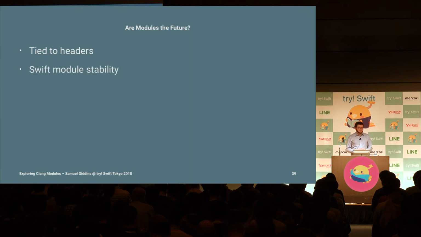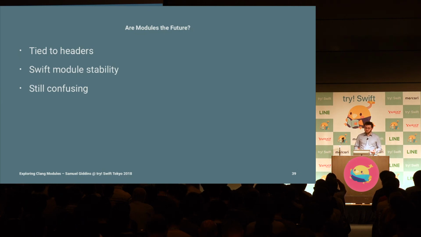Swift has also introduced its own binary module format, but it's not yet stable, meaning it needs to be rebuilt for each new version of the Swift compiler. And even after all this research, I find the actual implementation of modules to be confusing.